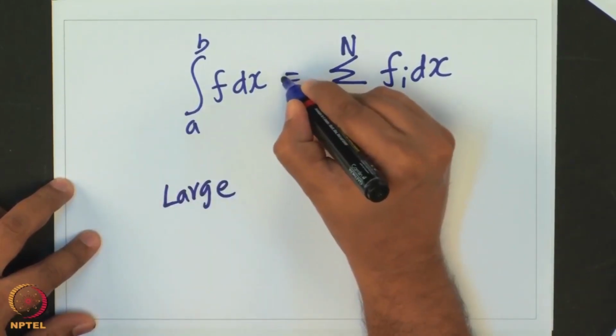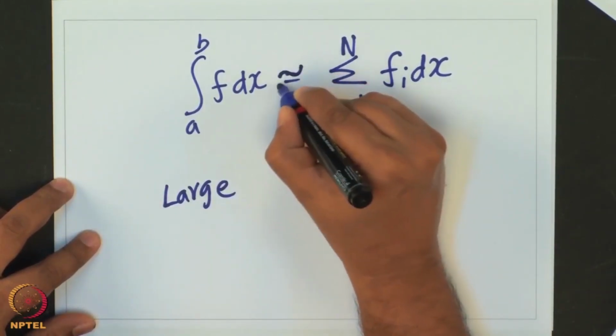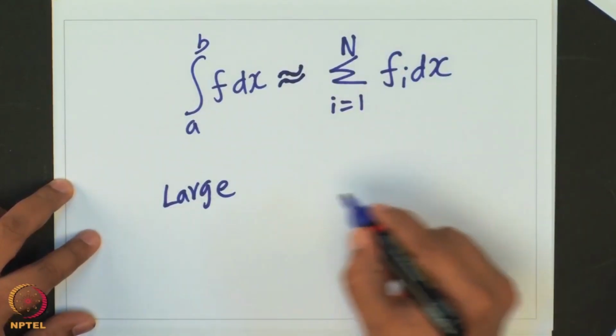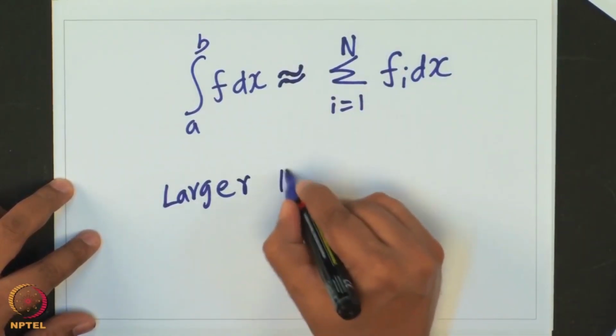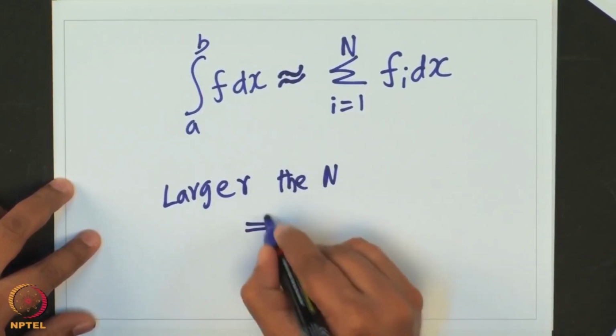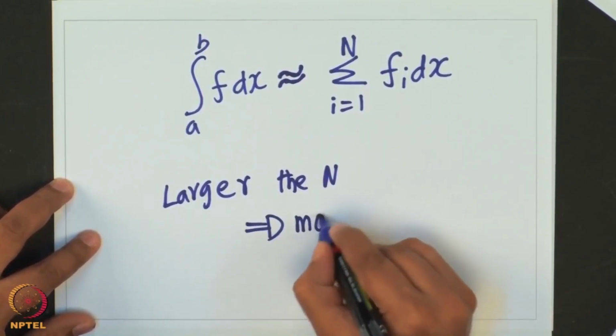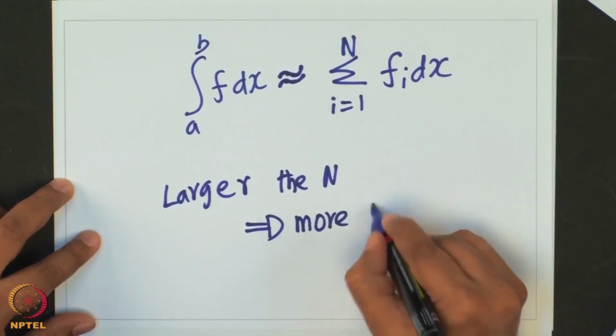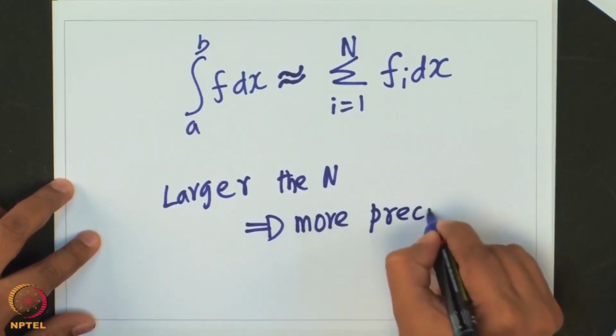So here, instead of equal to, I should write approximately equal to, because the larger the n, the more accurate and more precise the answer will be.